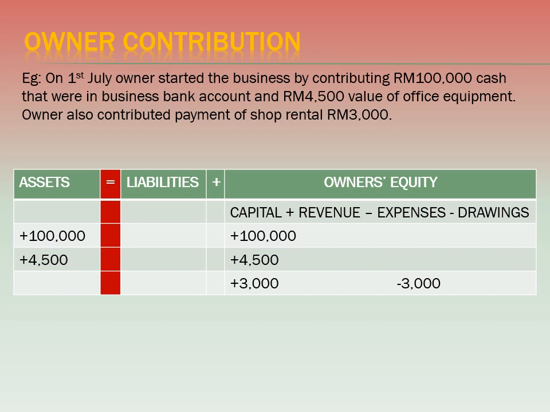And can you see that if the amount crosses the border of the red line, it means the red line is the equals sign. So whenever you increase an asset, there must be an increase in either liability or owner's equity.